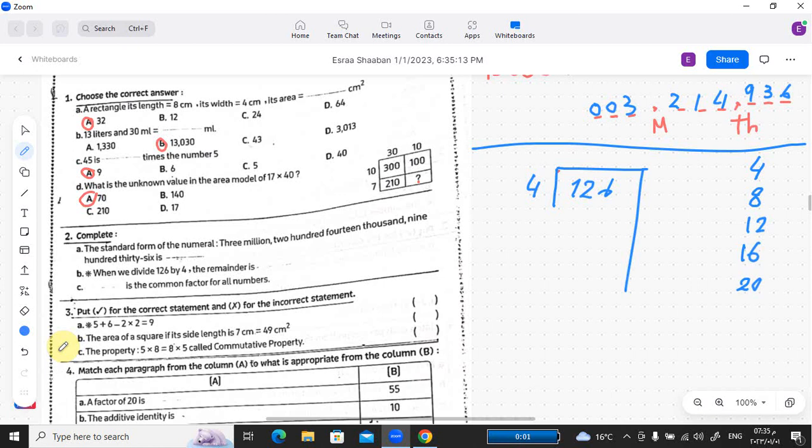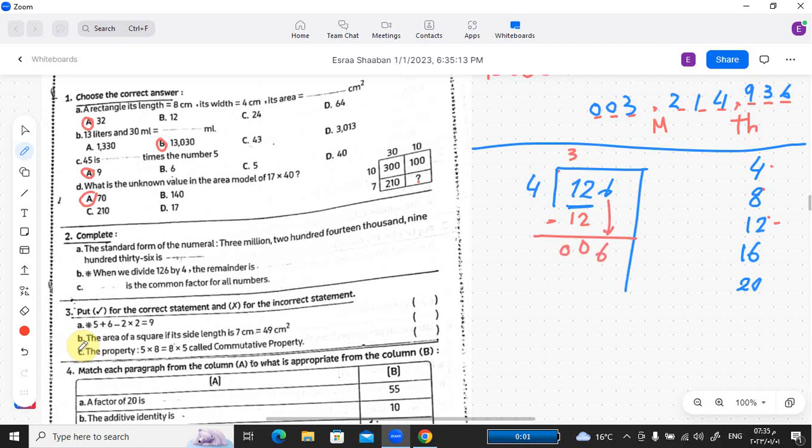And let's start. Divide it first. 1 divided 4 doesn't work, so take 12. 12 divided 4, 3 times 4 equals 12. And after that, minus. 2 minus 2, 0. 1 minus 1, 0. And after minus, drop down.